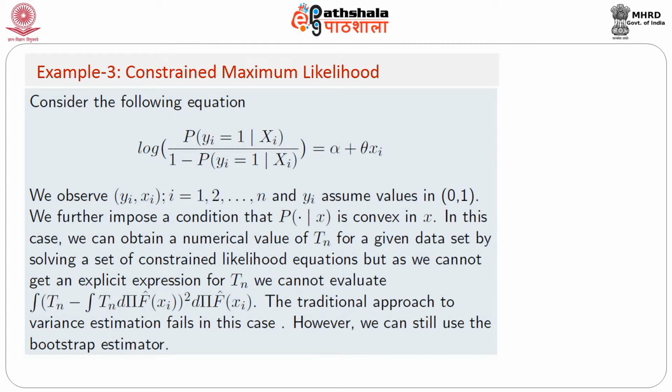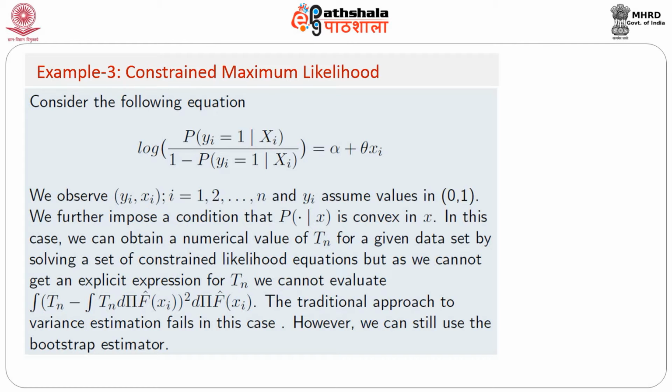Now, consider a more complicated form where we are interested in, say, constrained maximum likelihood. For example, we are interested in the equation log of probability(yi equal to 1 given xi) by (1 minus probability(yi equal to 1 given xi)) equal to alpha plus theta xi.